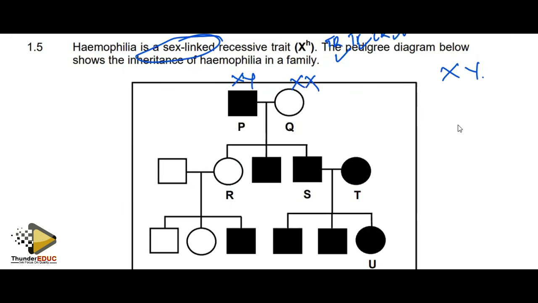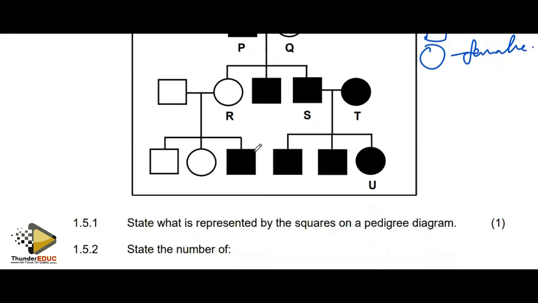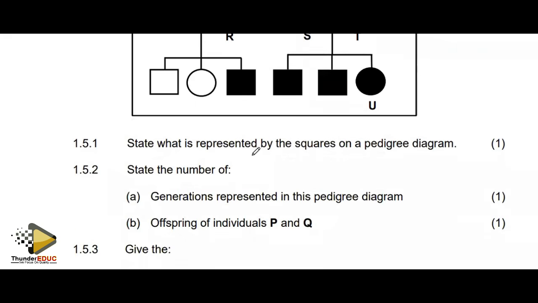You also need to know, before you go for this question, that a box means a male, while a circle means a female. Sometimes we don't give you a key. Sometimes we can even ask you what a box means. So let's continue to our pedigree. Can this question be answered by our booklets?